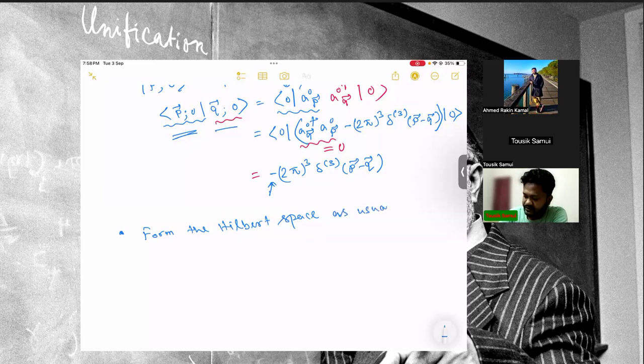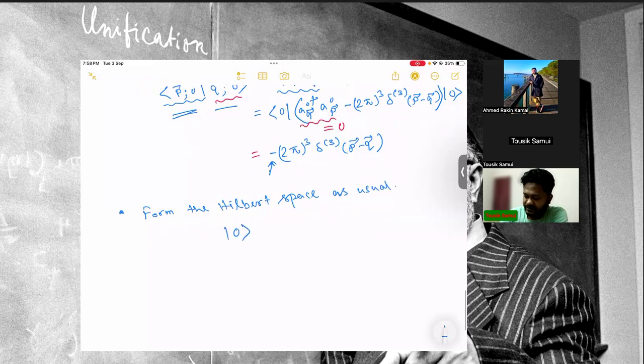From the vacuum state, you create a lambda dagger p, a lambda prime dagger q, the way you want to create the Hilbert space from the vacuum, all possible states by this.